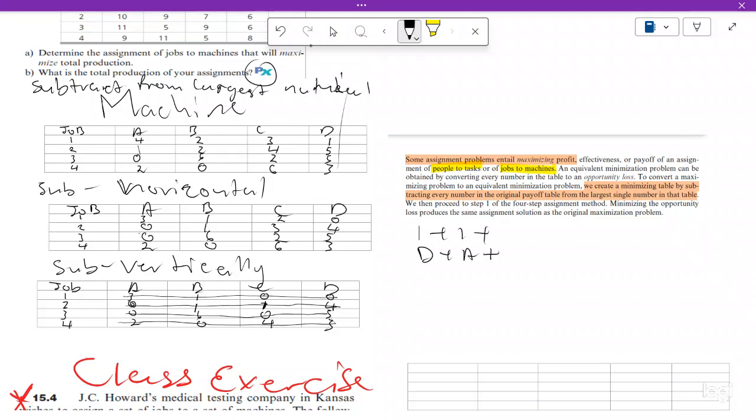Then on line number 3, A has already been taken. We have C, if not mistaken. Then the last one, the smallest is A again. No, we can't have A again. We don't repeat. The last one, C, and then the last one is B, of course, I think.